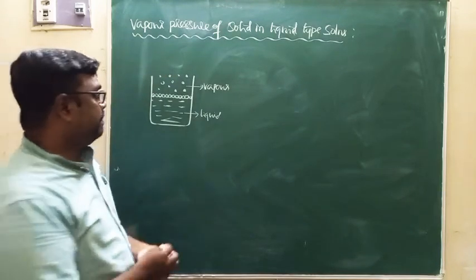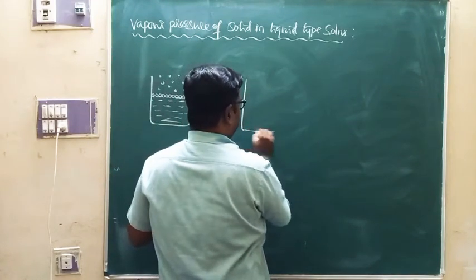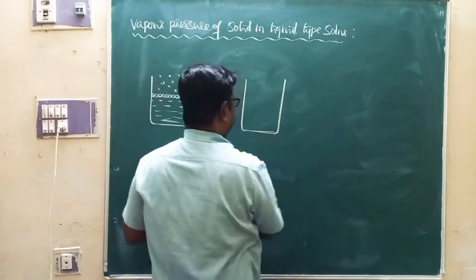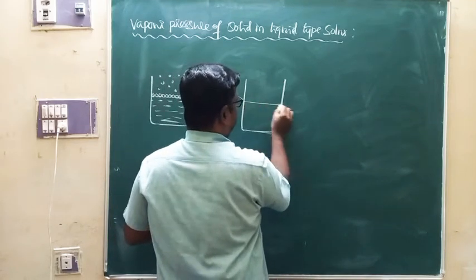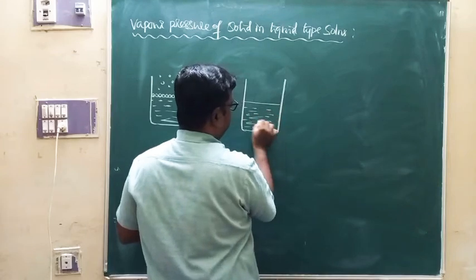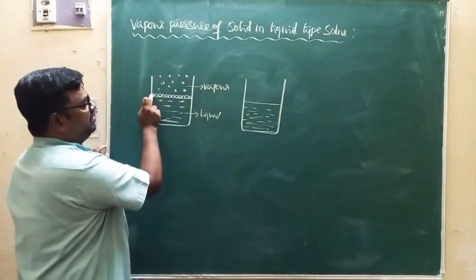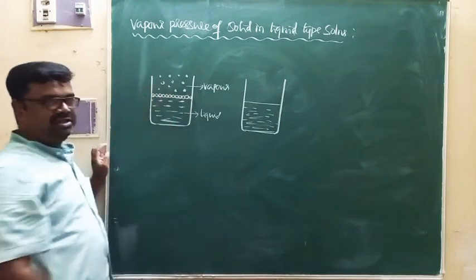To this water, if I add a non-volatile solute like sugar, sodium chloride or urea, now, in the case of pure water, the surface is characterized by only water molecules.